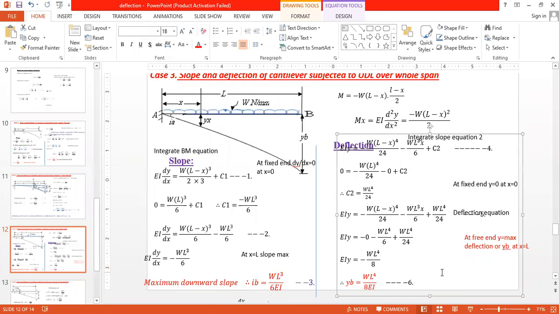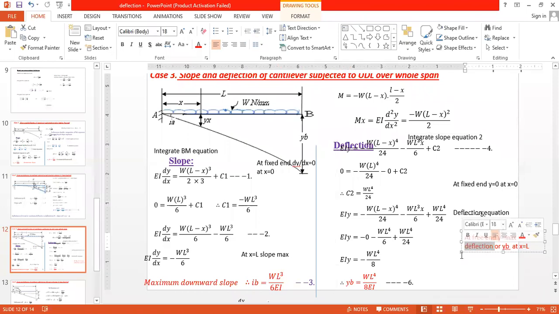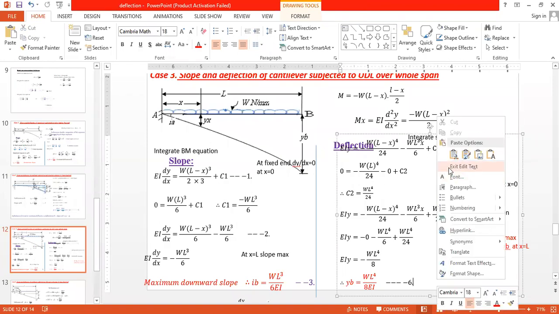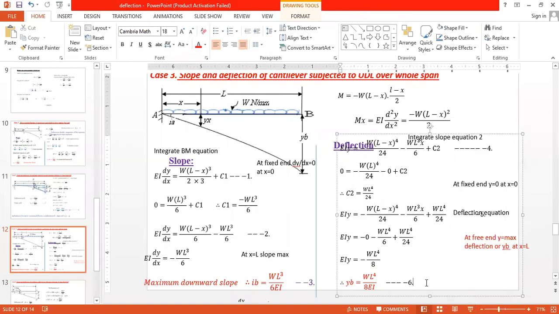Now this is the deflection equation for a cantilever subjected to uniform distributed load over the whole span. Now it is downward, when we apply the load in the downward direction. This is a downward slope, this is a downward deflection. Now here it is your maximum deflection.